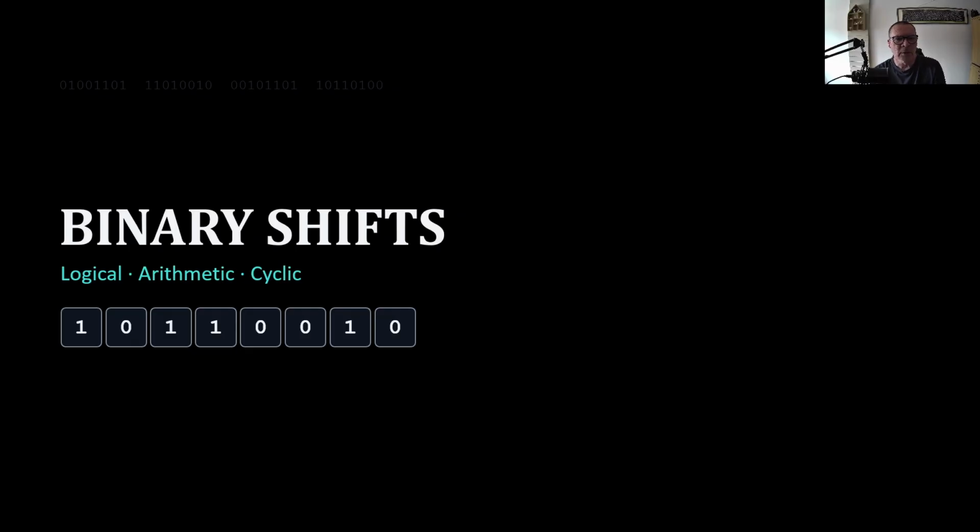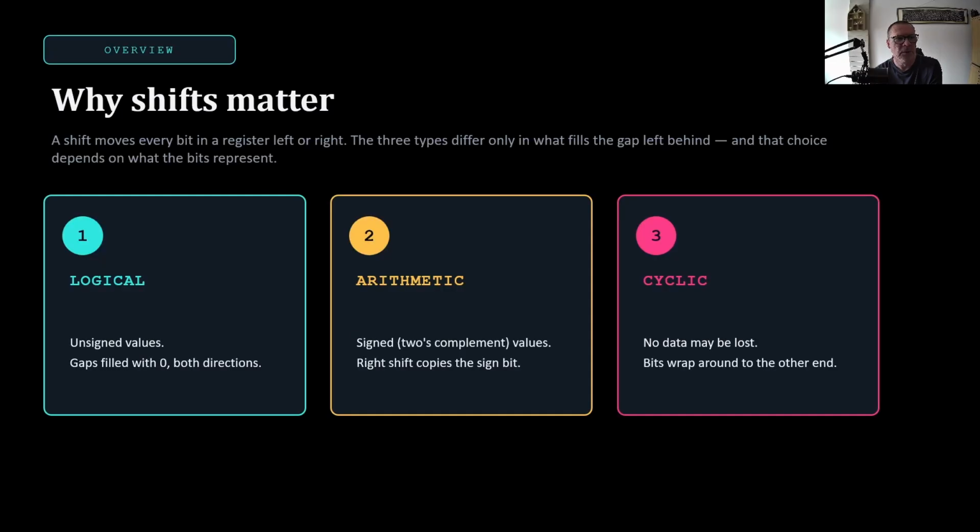Now we look at binary shifts, and there are different kinds of shifts: logical, arithmetic, and cyclic. All shifts move bits in the binary number to the left or the right. The difference is what they do with filling the gaps.